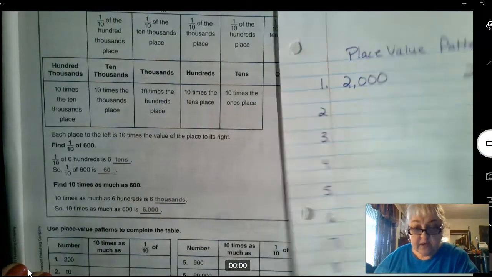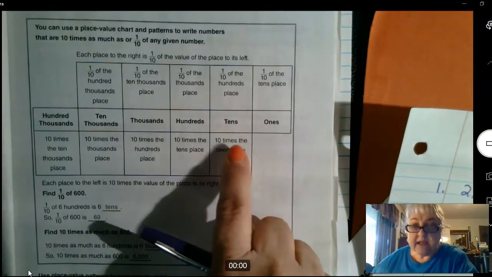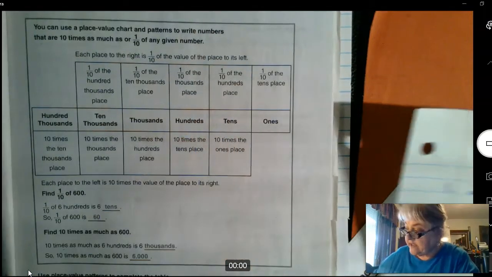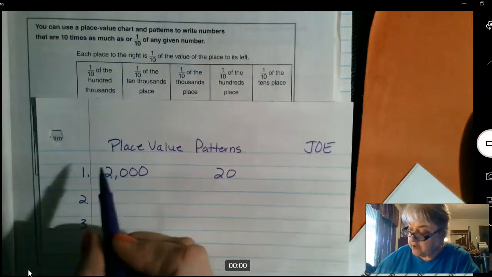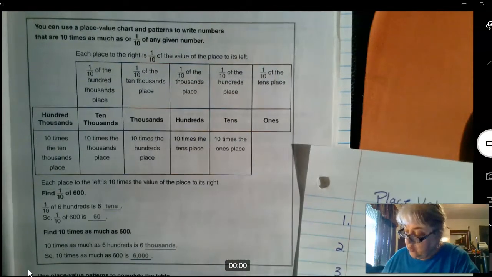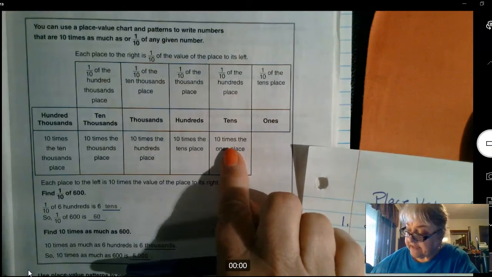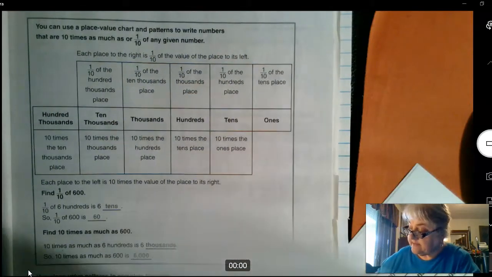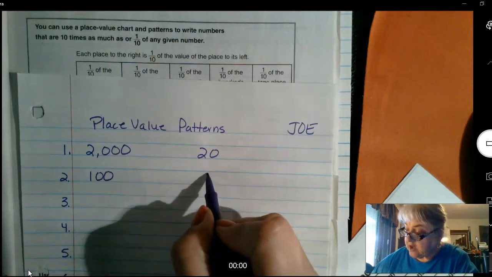For 10, okay, what would 10 times more be? Here's 10. 10 times more would be 100. So for number 2, we're going to write down 100. What would 1/10 of 10 be? That means we're going to go back, and that would be the ones place, and that would merely be a 1.